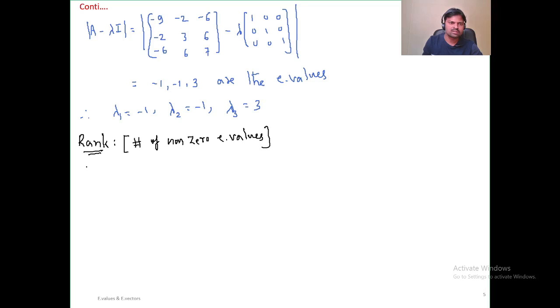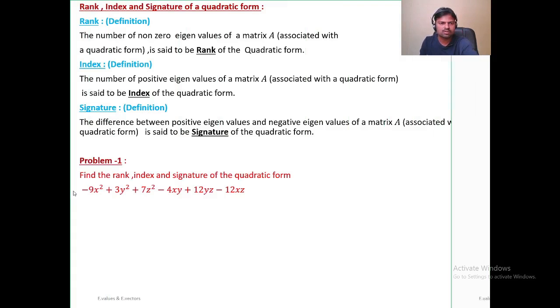Therefore, the rank of the quadratic form is 3, because the number of non-zero eigenvalues is 3.